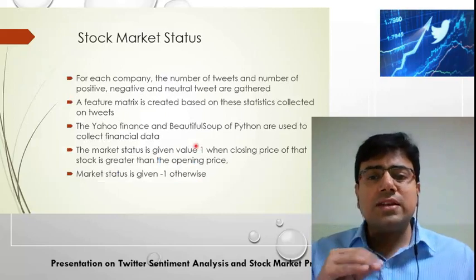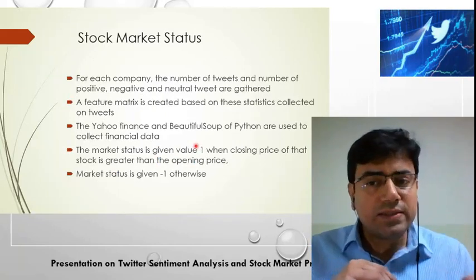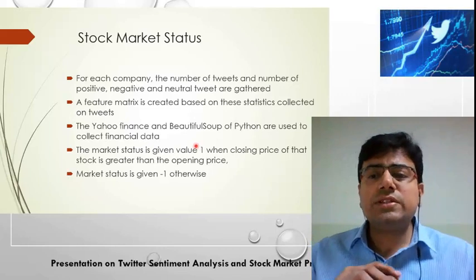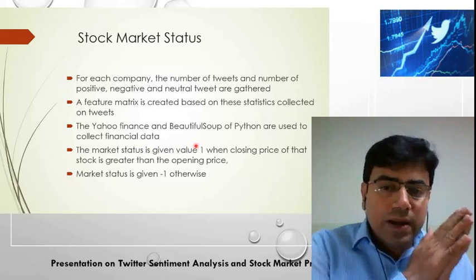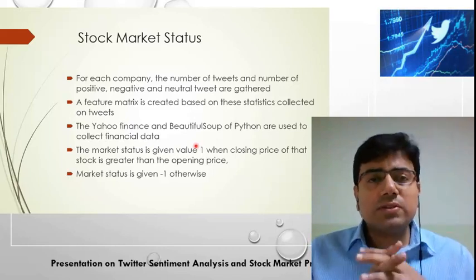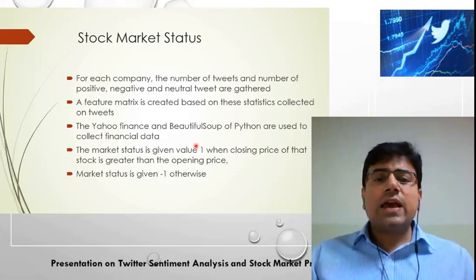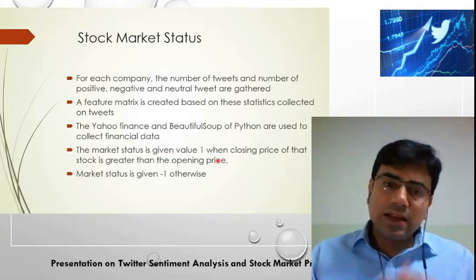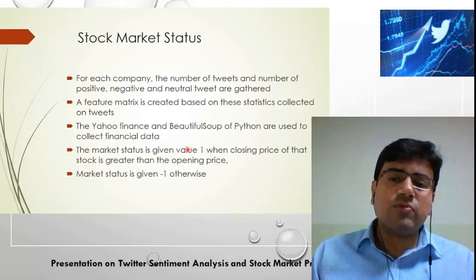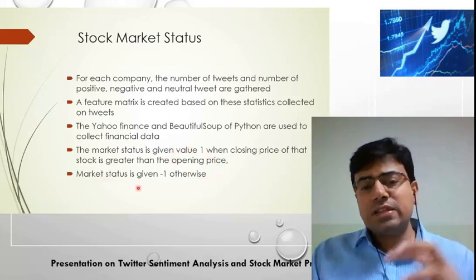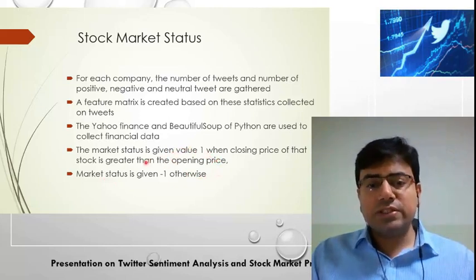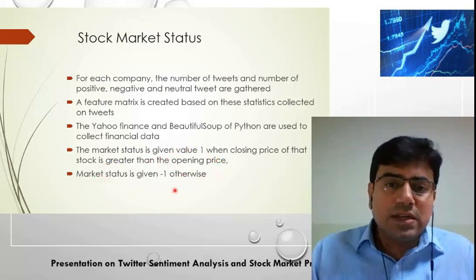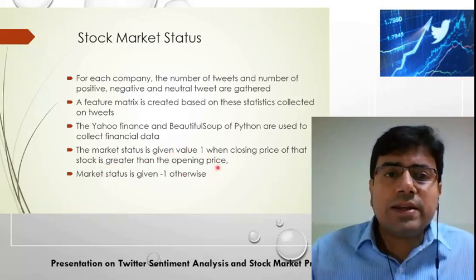The stock market status will be either +1 or -1, which is indicative of the closing price of the stock. If the closing price of the stock is greater than the opening price, then the stock market status will be 1. Otherwise the status will be indicated as -1, which shows that the closing price is less than the opening price.